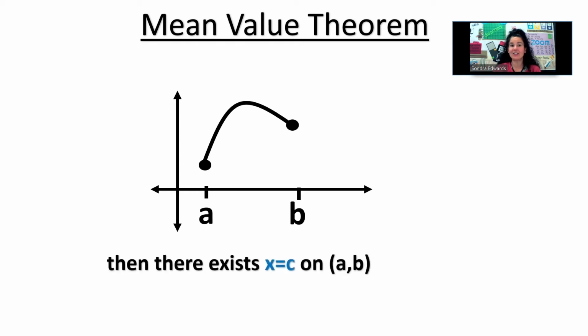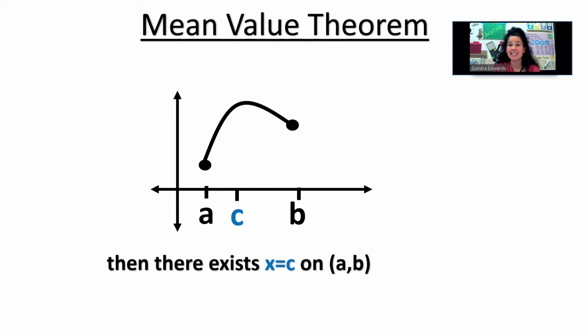Next, it says there exists some x equals c on the open interval a to b. Okay, x equals c on open interval a to b. That means that there's some x somewhere between a and b on the x-axis that we're going to call c. Now, maybe it's right there. But right now, I don't know where it is.